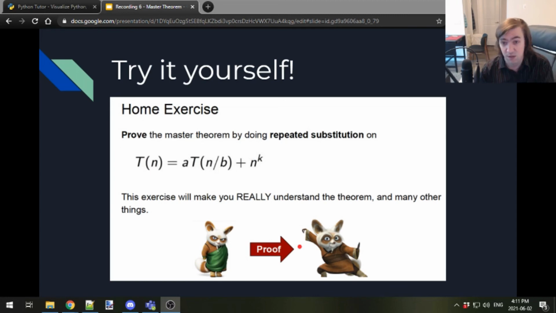Also, if you get stuck, there are a million different solutions out there that you can look up for how to do this, which can help you if you get stuck at a certain spot. I recommend you don't look up the answer to how to do it, but if you get stuck at a certain spot, you can perhaps look at what you might need to do to move on to the next step from there. And being able to do this means you really understand repeated substitution and the master theorem itself as well. So definitely worth doing. Not something that I will provide to you because I think it's worth your time to give it a shot.